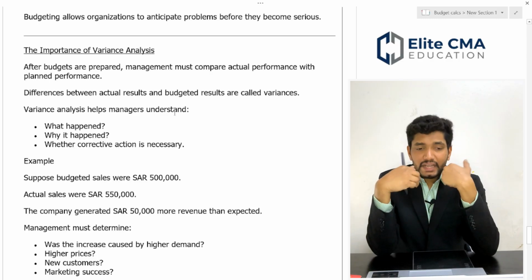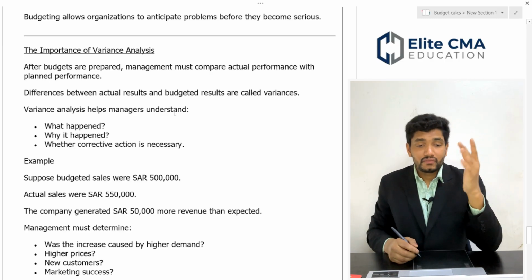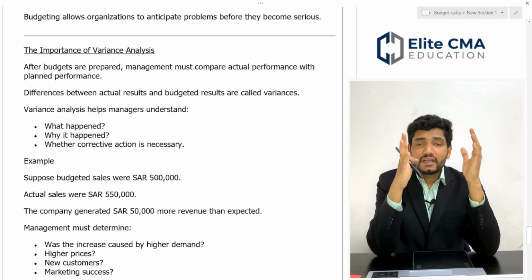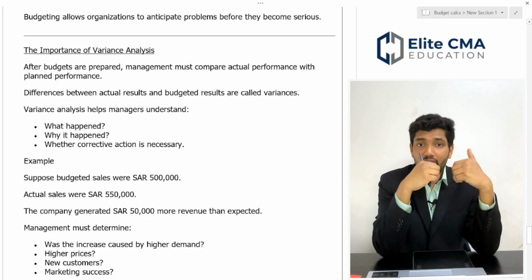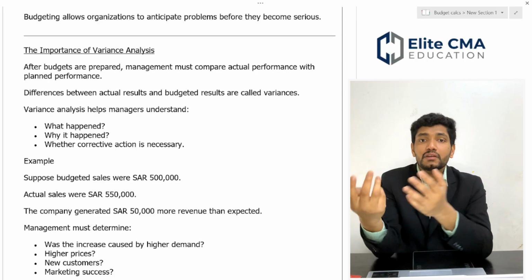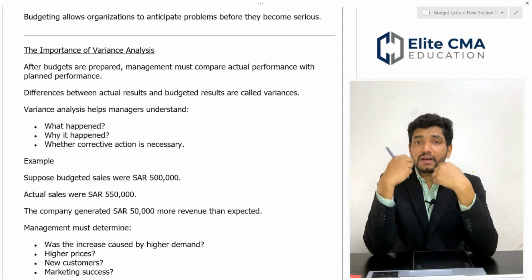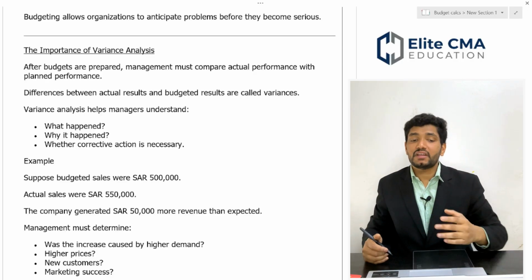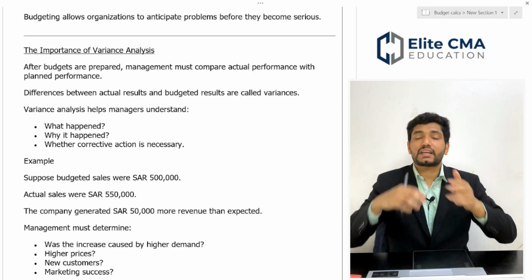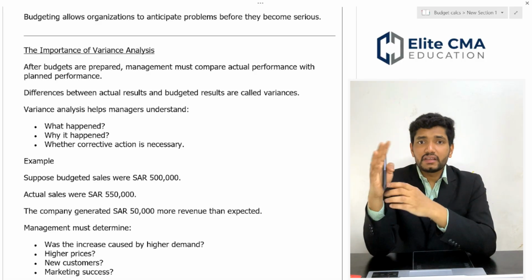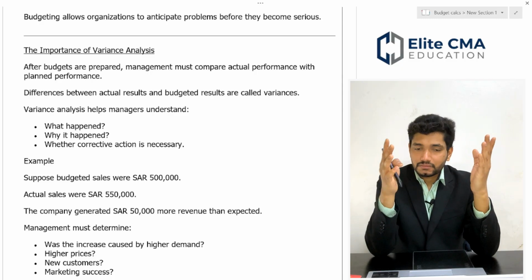Now, let's move into variance analysis. Variance analysis we discussed before. It is the process of comparing your actual result with your budgeted forecast. Once you prepare your budget, you have to document it, and the budget has to be compared with the actual result periodically to see the performance.